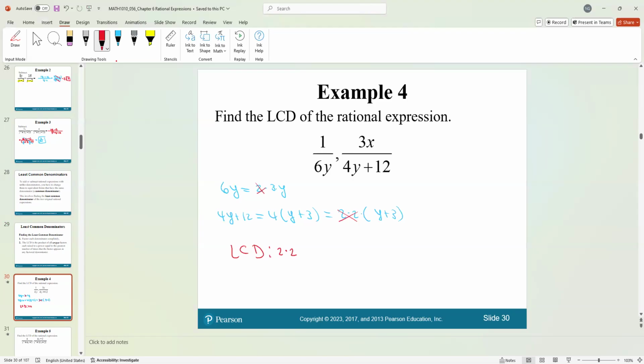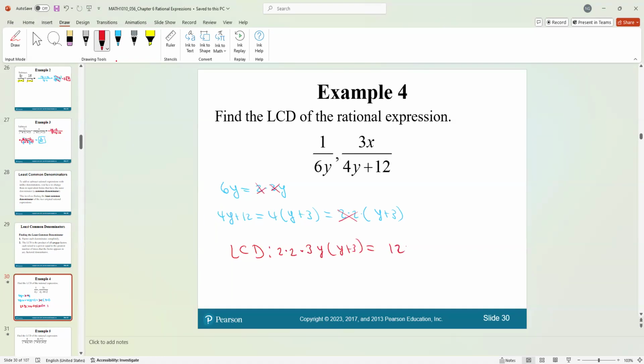I don't have 3 in the second term, so I'm going to add it also. I need to take 3. Why don't we have it in both? Because we need to take the one with the highest degree. If we only have y, we take it, and we have y plus 3. So we take everything.